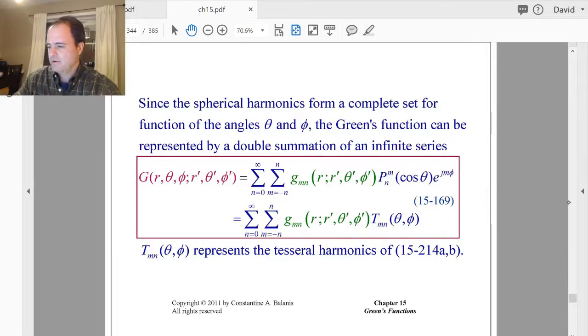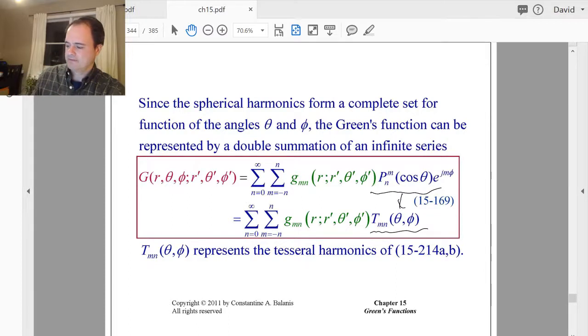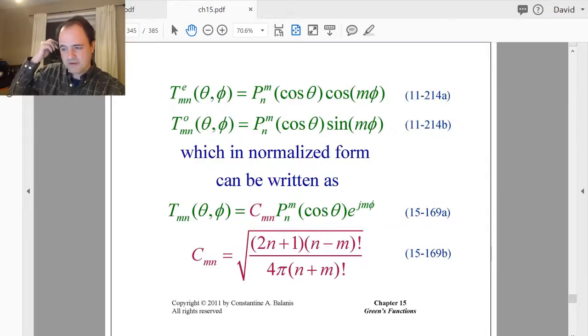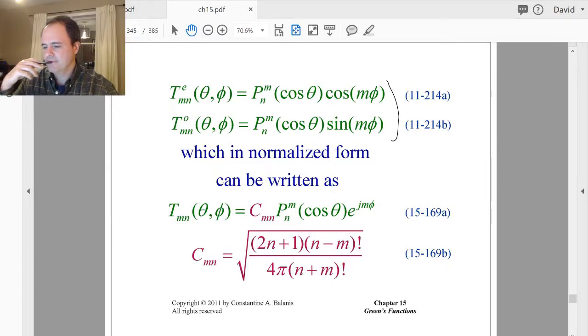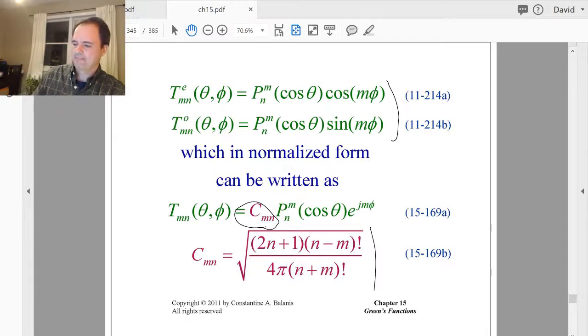We either express it in this way, or in E and M we call this combination tesseral harmonics. Our tesseral harmonics, even and odd, are given by this, and they're normalized, so they're not straight equalities of the P and e to the j, but they have these coefficients out front given by this.